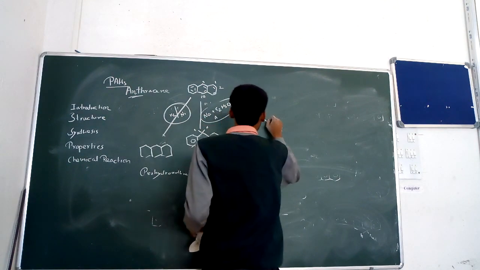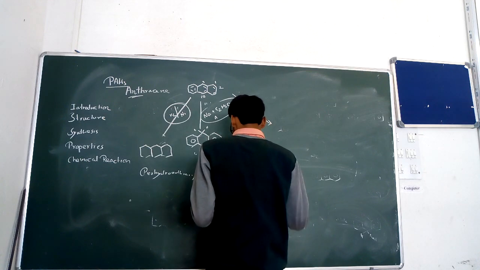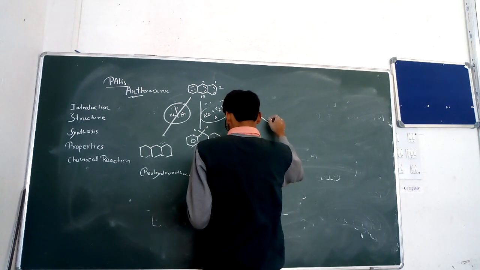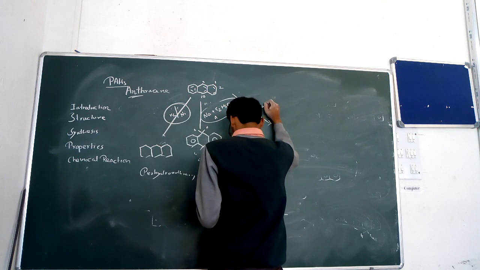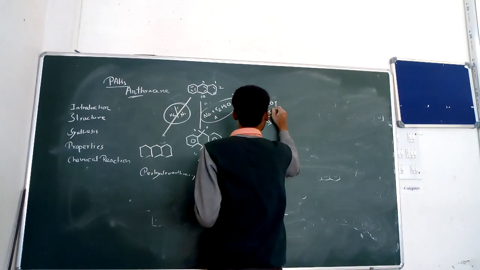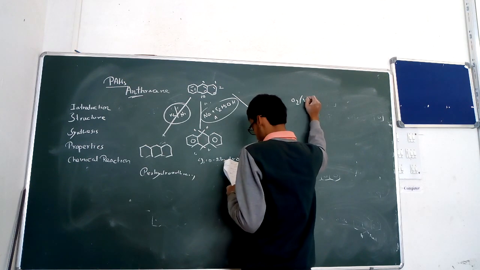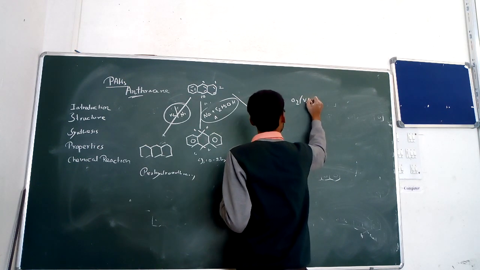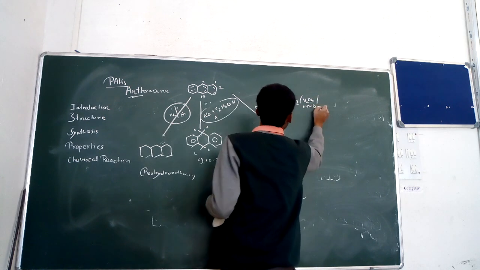In case of the oxidation, anthracene is oxidized in the presence of sodium dichromate and sulfuric acid, or oxygen with vanadium pentoxide, or nitric acid.